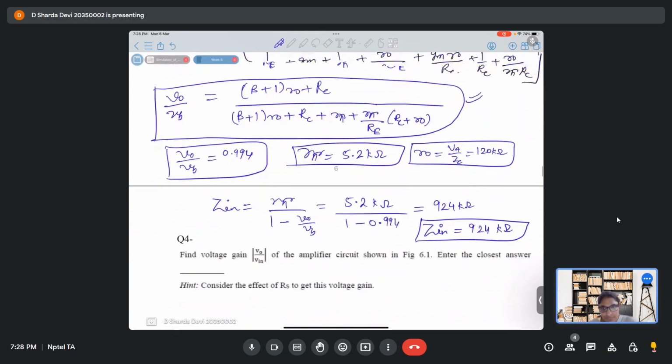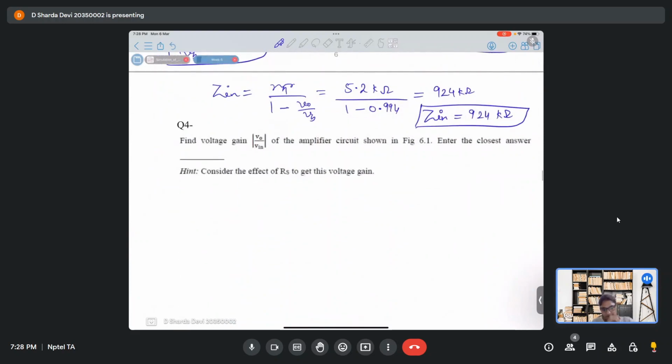Okay? So now once we have found this out, the next problem is we have to find V0 by V in, that is gain. So how do we find gain? That is V0 by V in. GM times VBE.